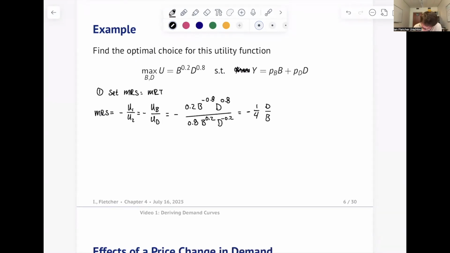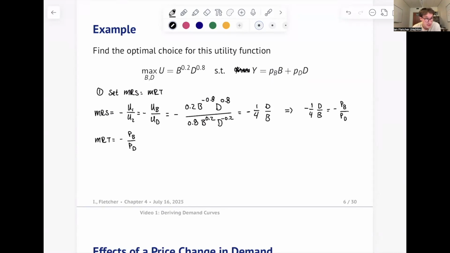And our marginal rate of transformation is just going to be the ratio of the two prices. So if we have beer on top and donuts on the bottom, that's going to be our marginal rate of transformation. If we set these two equal to each other, we get minus 1/4 D over B should equal minus PB over PD.